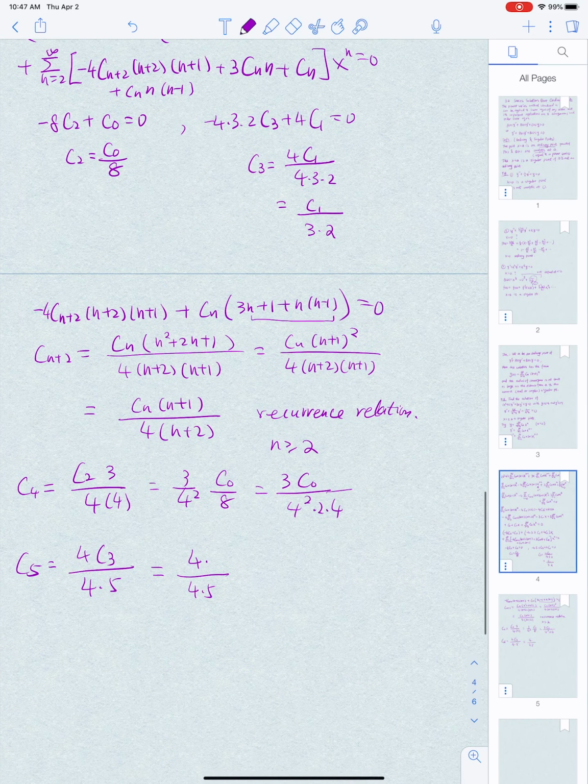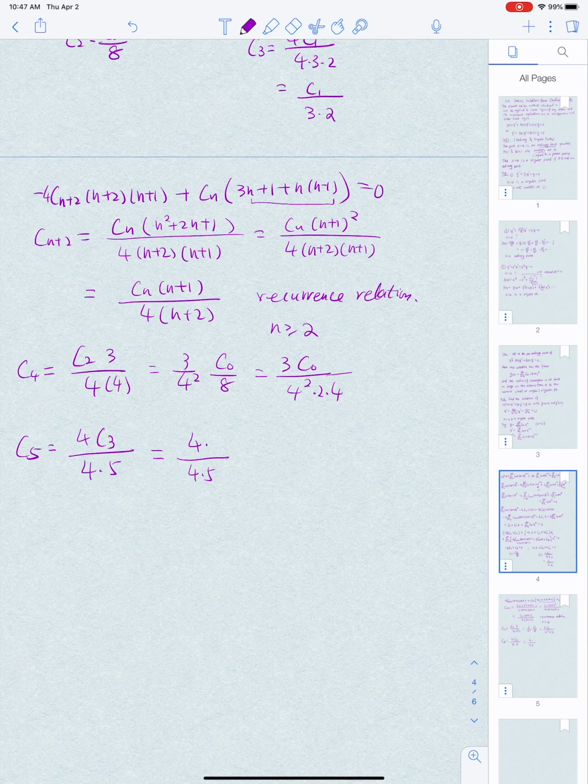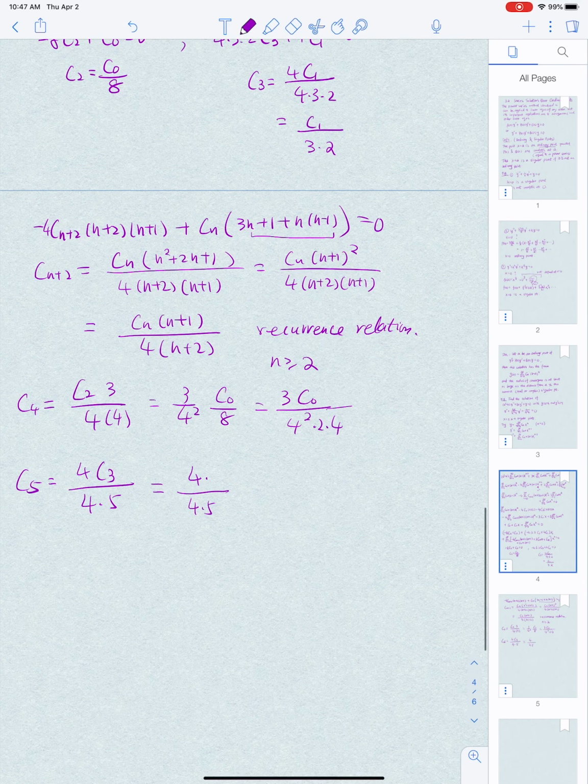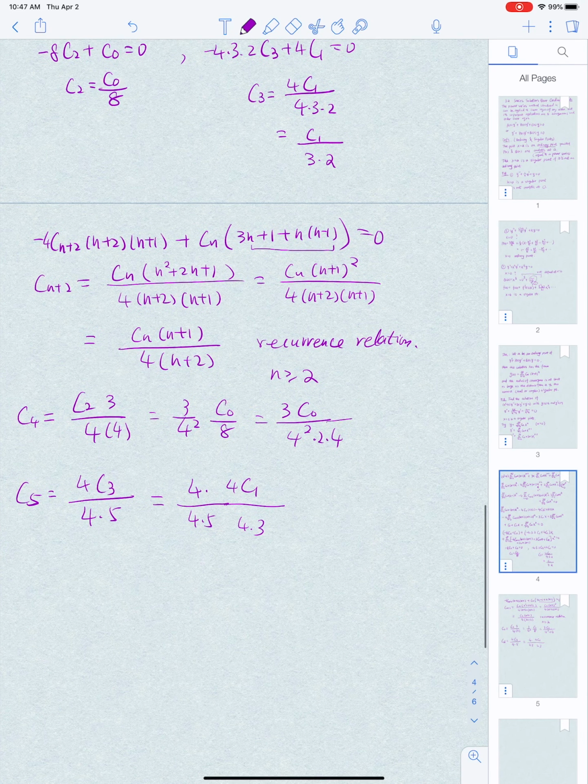For C3, let's rewrite C3 as... this one should be a 2.